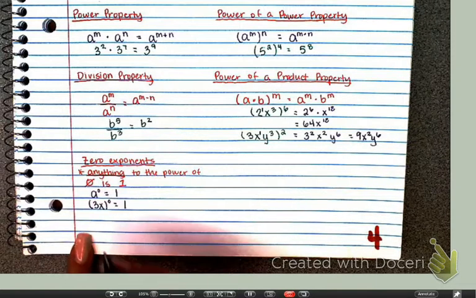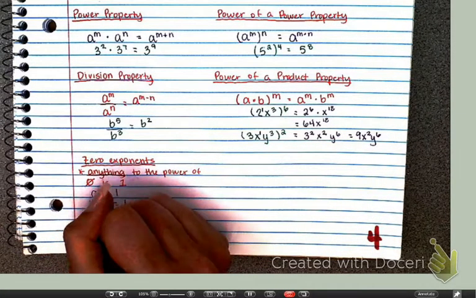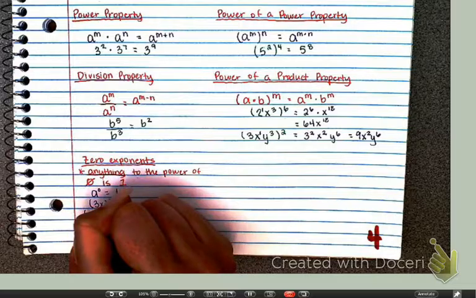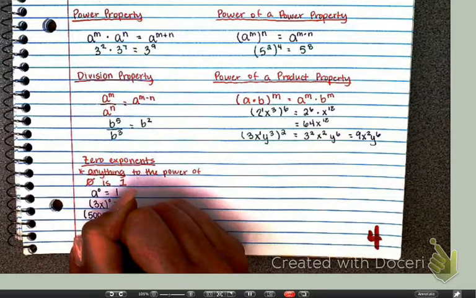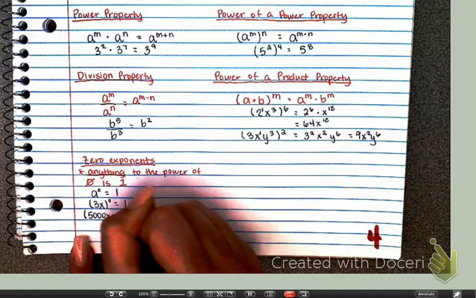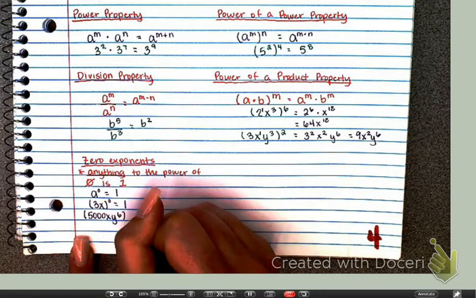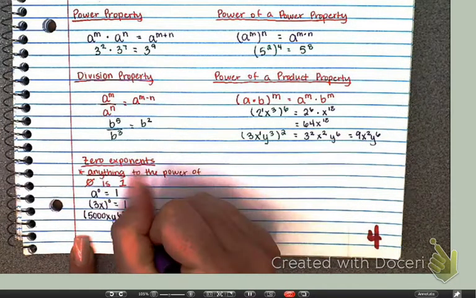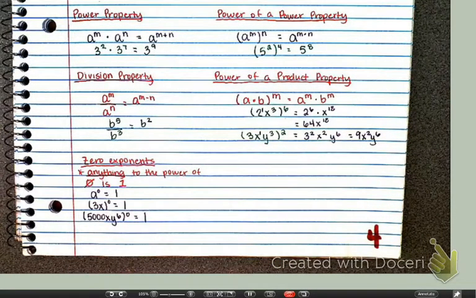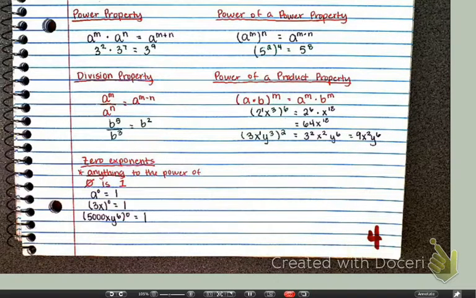Okay? This one's tricky. Ready? 5,000 x y to the 6th, all to the 0 power. Good job. Okay, so no matter what, anything to the 0 power is 1.